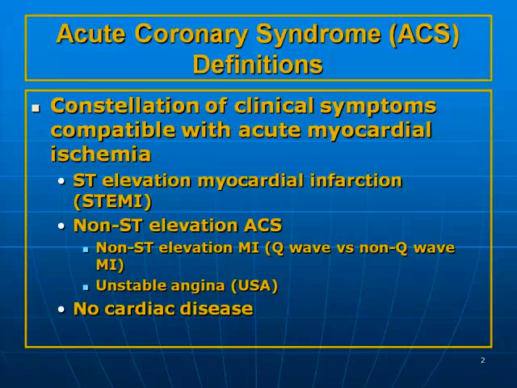Now, obviously, there is another outcome. Patients who present with chest pain may, in fact, not have cardiac disease at all. If you look at the, if you will, epidemiology of chest pain in the emergency department, the most common cause of chest pain in the emergency department is actually gastrointestinal, followed by musculoskeletal causes, and then lastly cardiovascular.